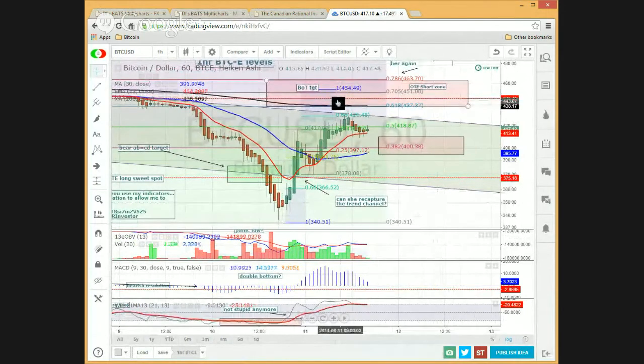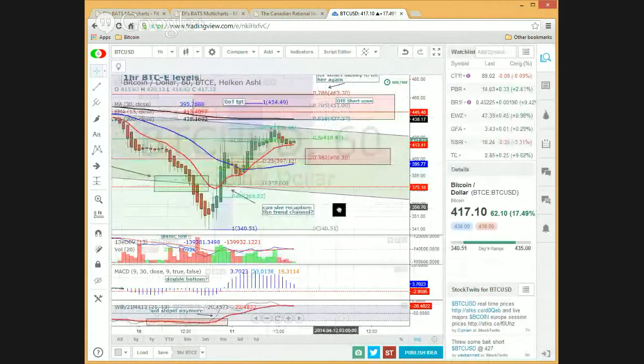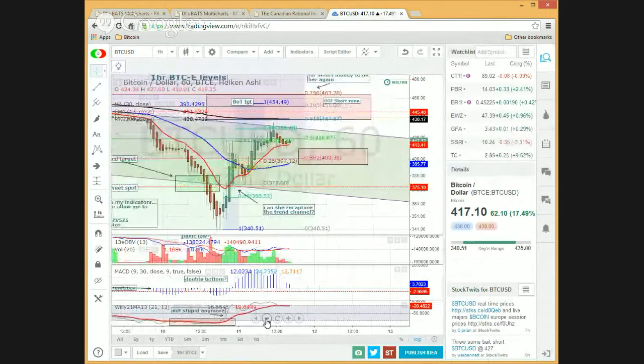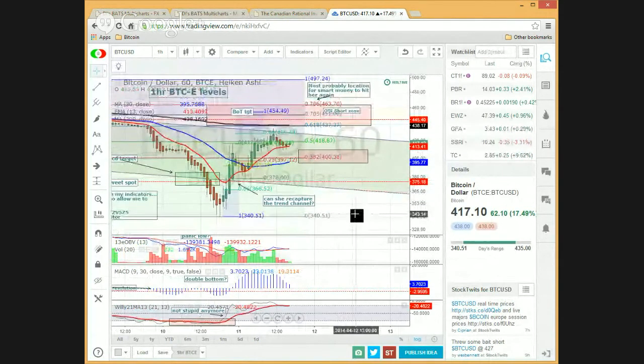Interesting to see how Bitcoin itself is not responding here, eh? Not yet, anyway.